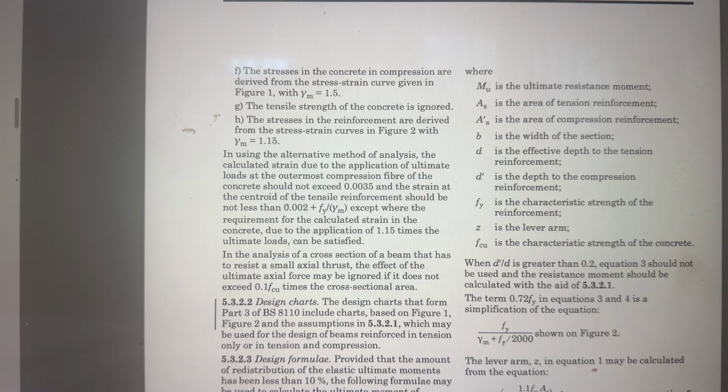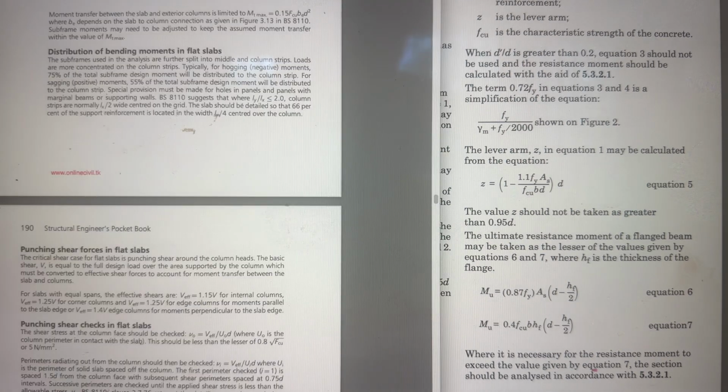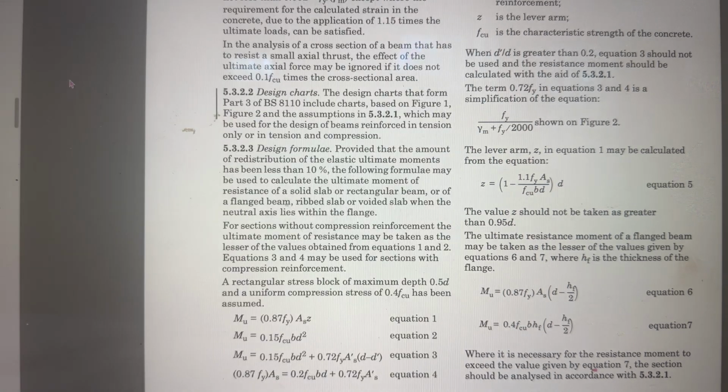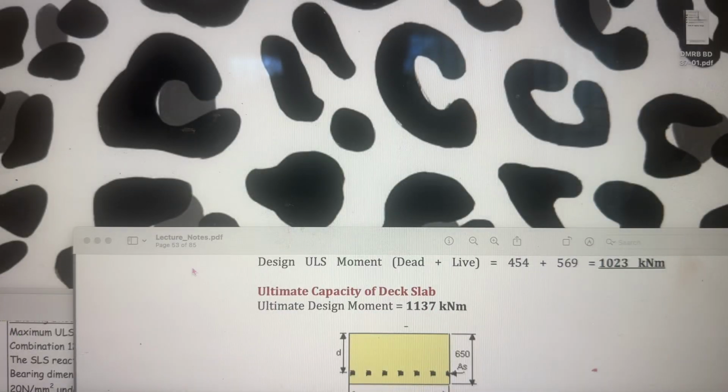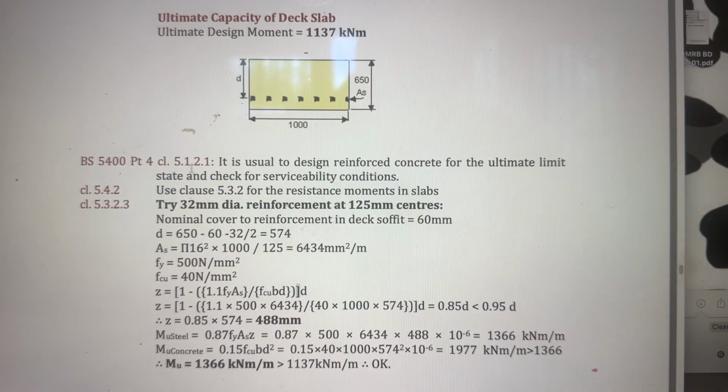So these nice equations are provided for you in the British Standard. You take them and replace the values. It's straightforward, you can see from the calculation here. This is why I said earlier you need to have the British Standard with you.